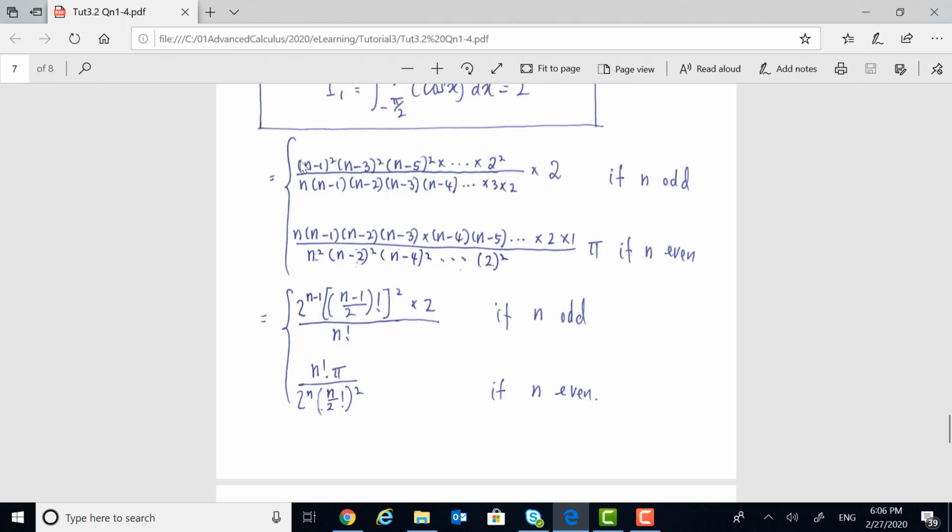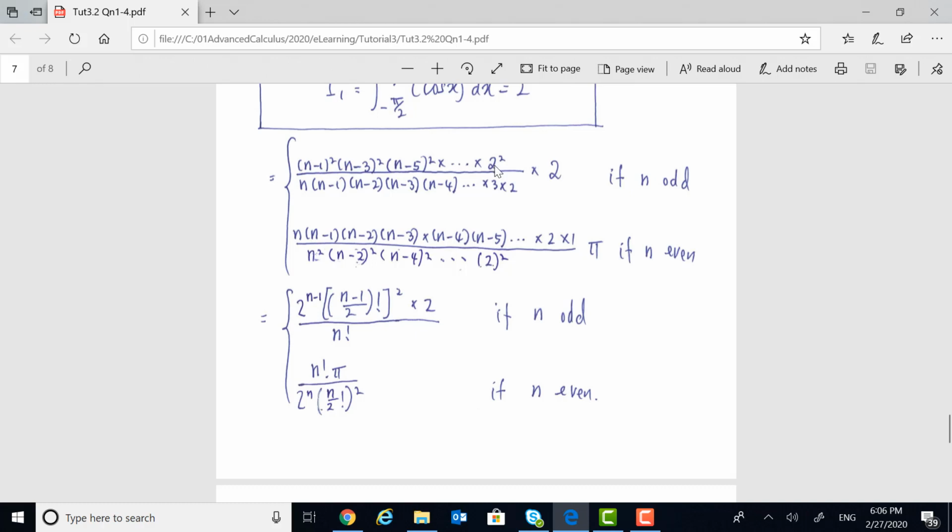Then these terms, because when n is odd, if you look carefully at these terms, are actually even. So like this one, this is an even term, 2 squared is an even term. So throughout the numerator, what I'm going to do is take out all the 2's.